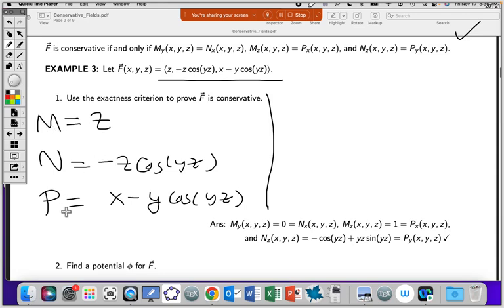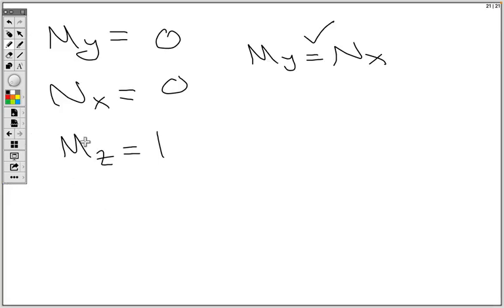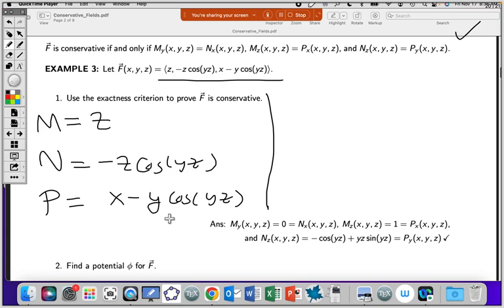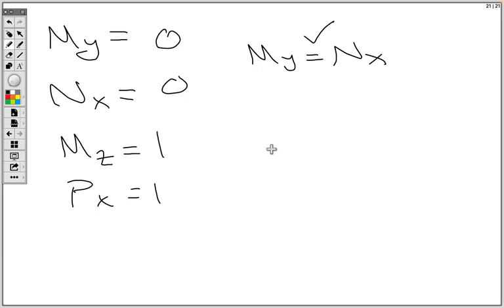Now I need to see the derivative of the z component with respect to x. So I take the derivative of p with respect to x. And once again, I got x here. All this stuff, as far as x is concerned, is just a constant. So what's the derivative of p with respect to x? 1. So mz equals px.